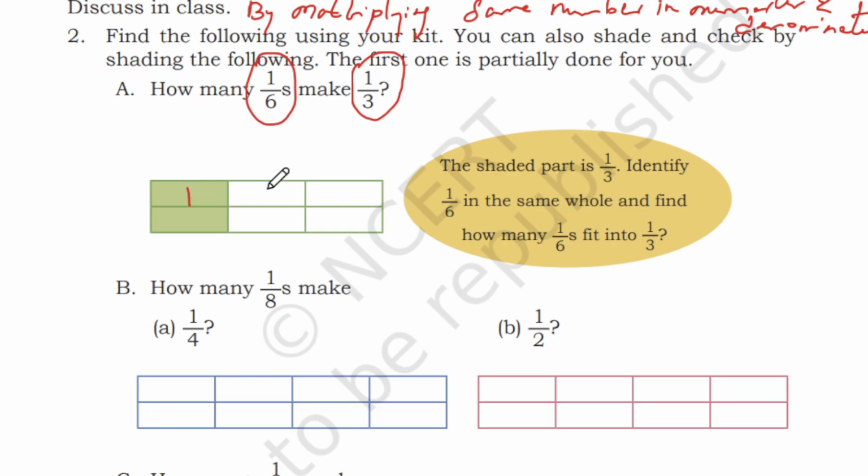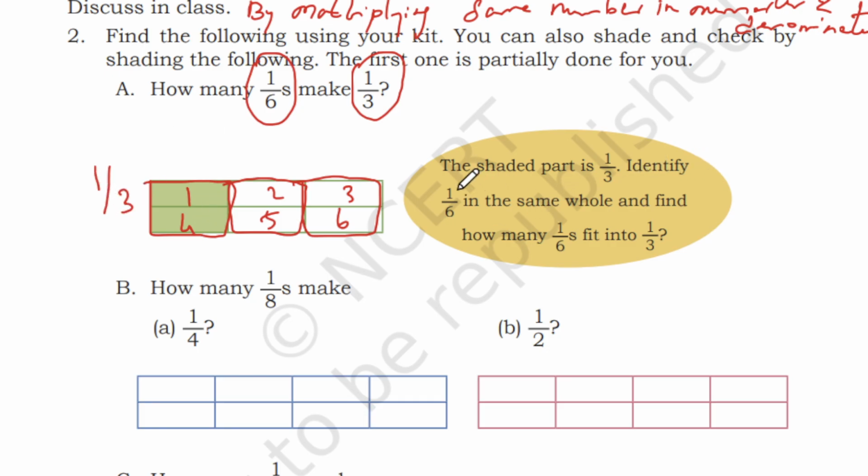So here we have 1, 2, 3, 4, 5, 6. Now they have shaded the 1 by 3 part. So this part is the first part, this part is the second part, and this part is the third part. So they have shaded 1 by 3 here.